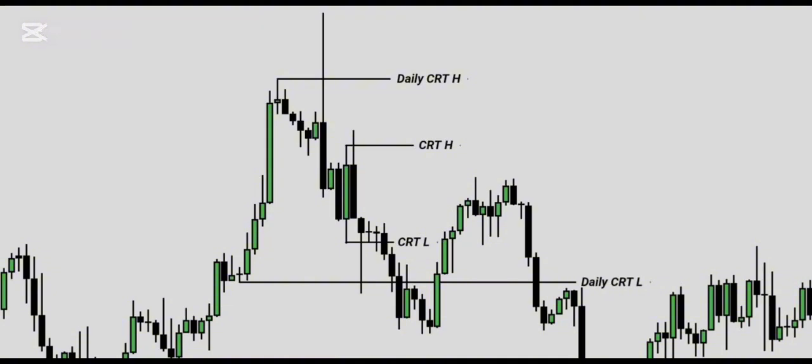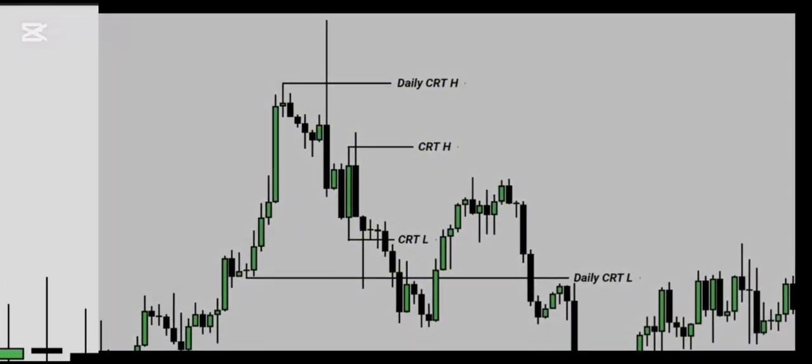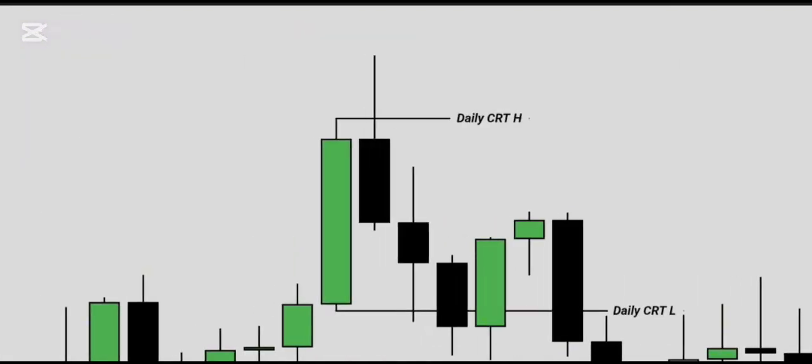All you need to do is to wait for a daily CRT low or high to be purged and the candle close inside. Once it purges and closes, you know that all you're looking for is to trade the third candle. You already know that your bias is now bearish.